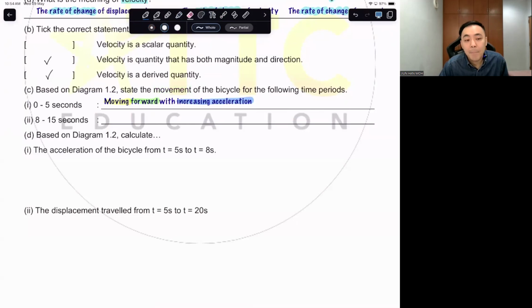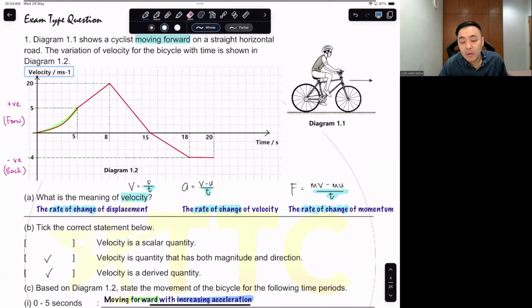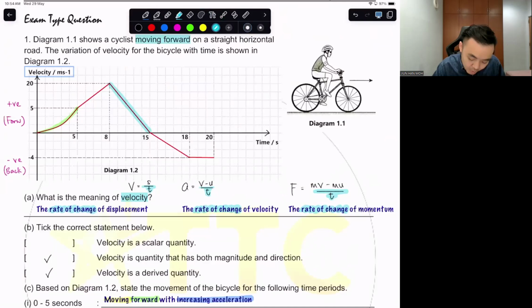Now we do 8 to 15. 8 to 15 is over here, right? What motion? Moving or not? Yes. Direction?